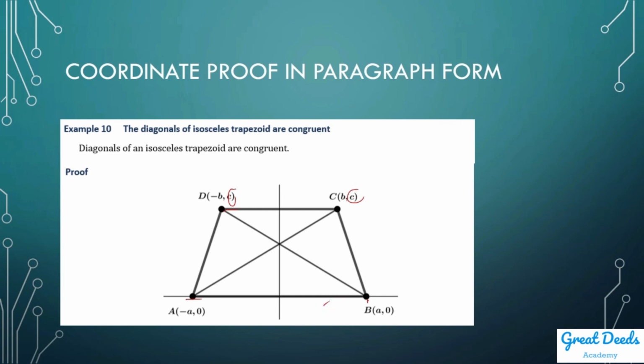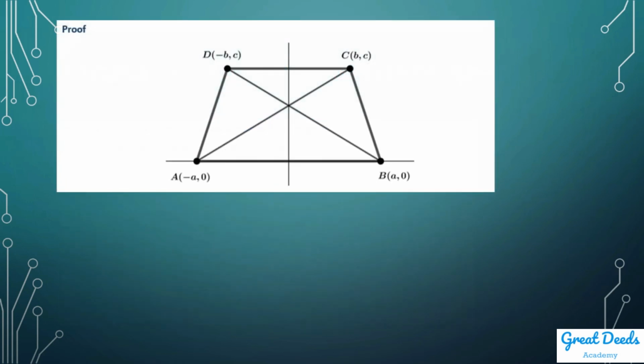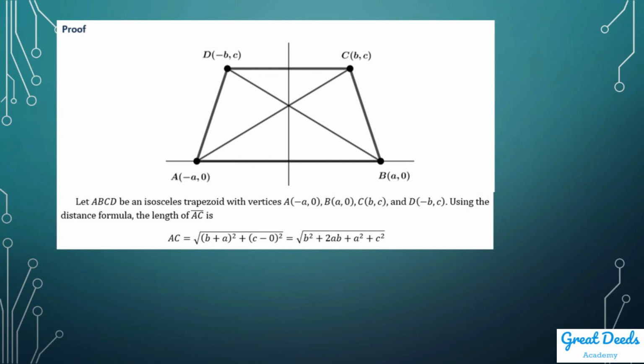Now, an isosceles trapezoid is one where the legs are congruent. So this line segment is congruent to this other side. This is how you lay down the isosceles trapezoid and give the vertices their coordinates. So let us prove it in paragraph form.